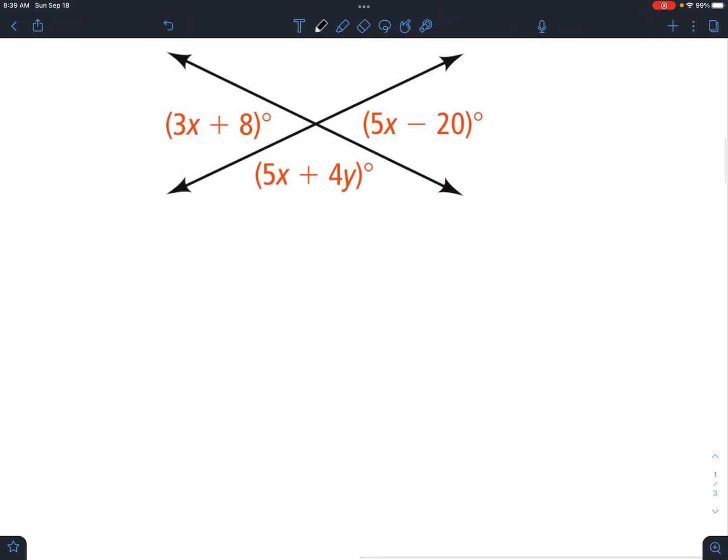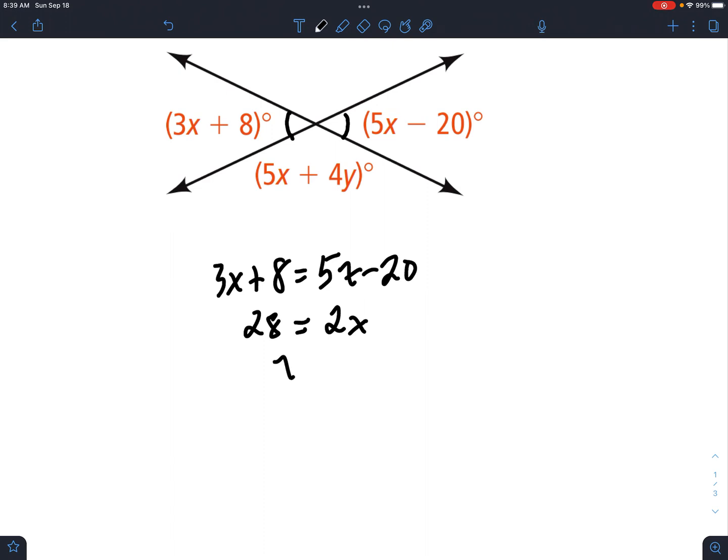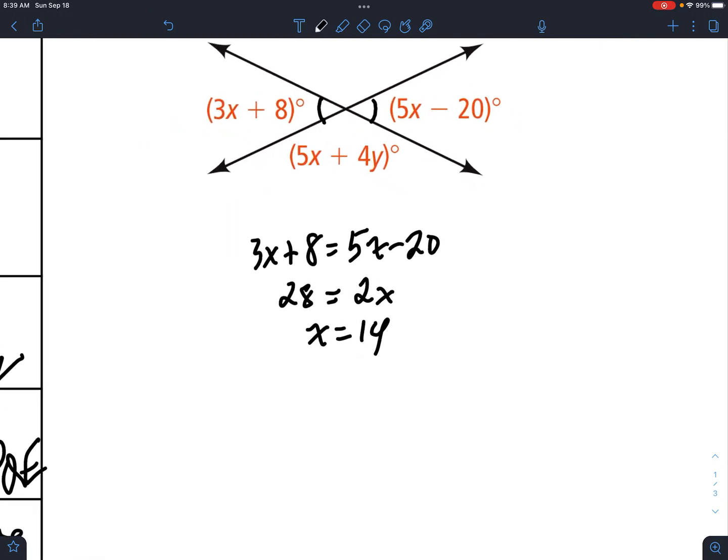Now, this one's the same deal. I want to link the ones that only have x's, because then I can actually solve it. So I'm going to do some moving around, and you can pause the video if you want to copy this down. Right.